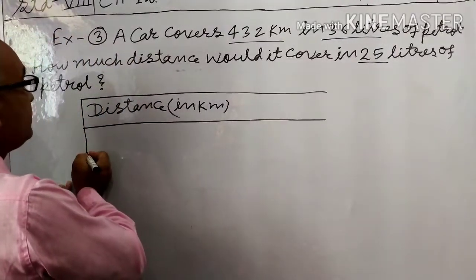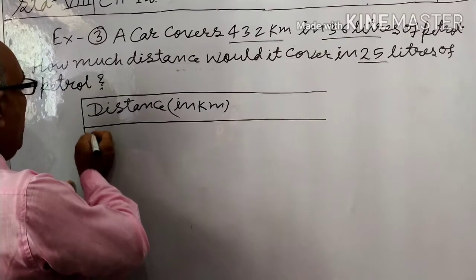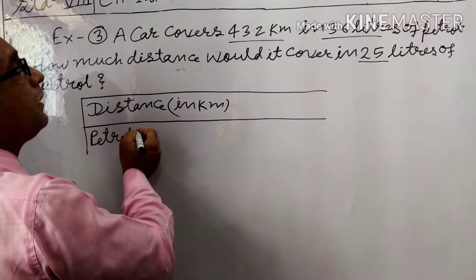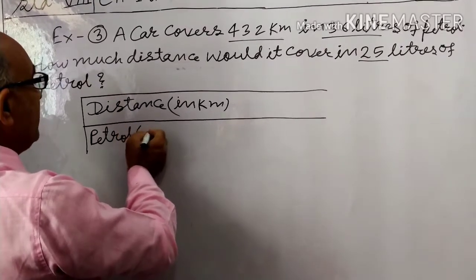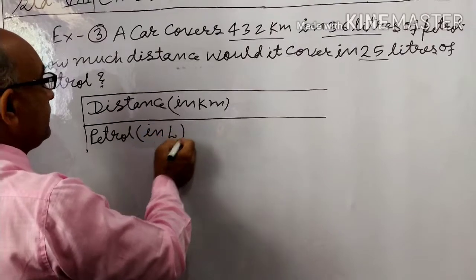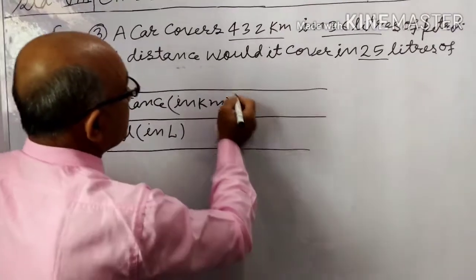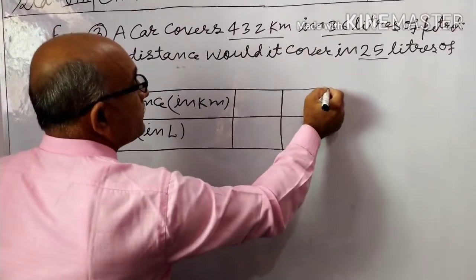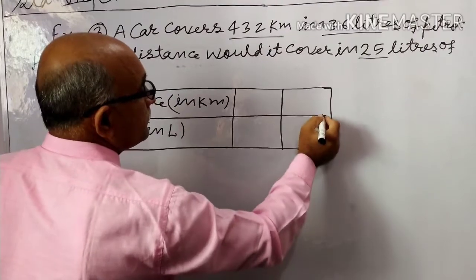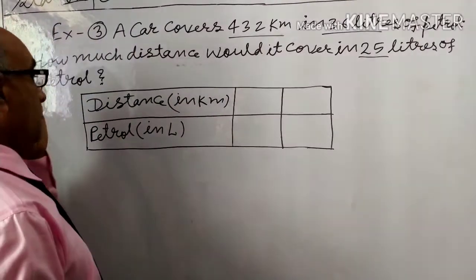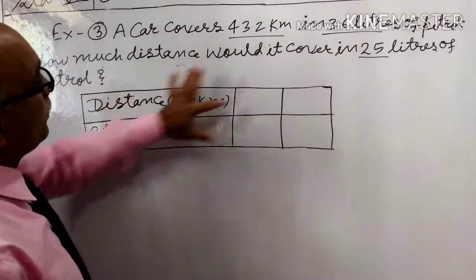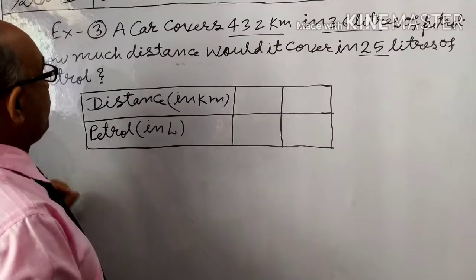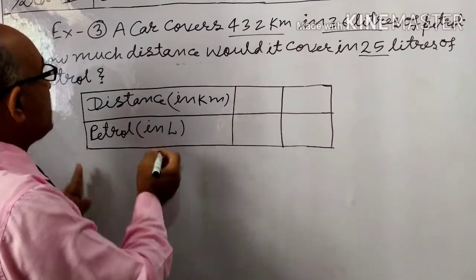And the second column, petrol, in liters. Draw two columns and 6 boxes: 1, 2, 3, 4, 5, 6. This is a method to solve this type of problems, examples, and questions.